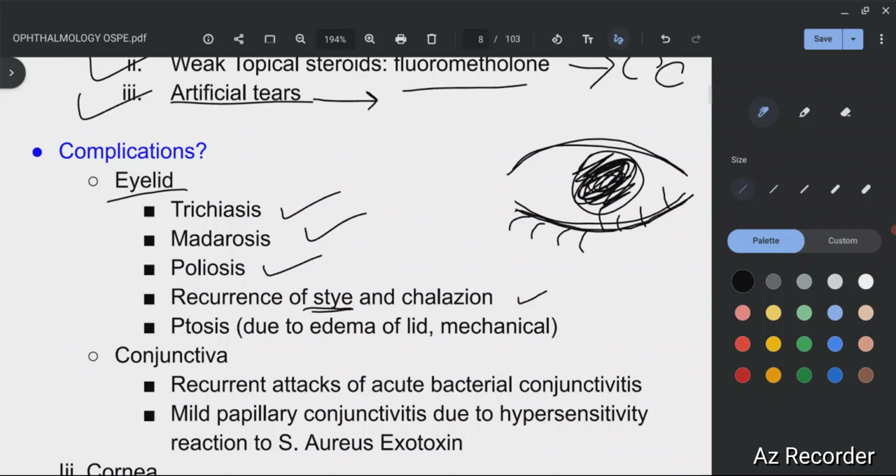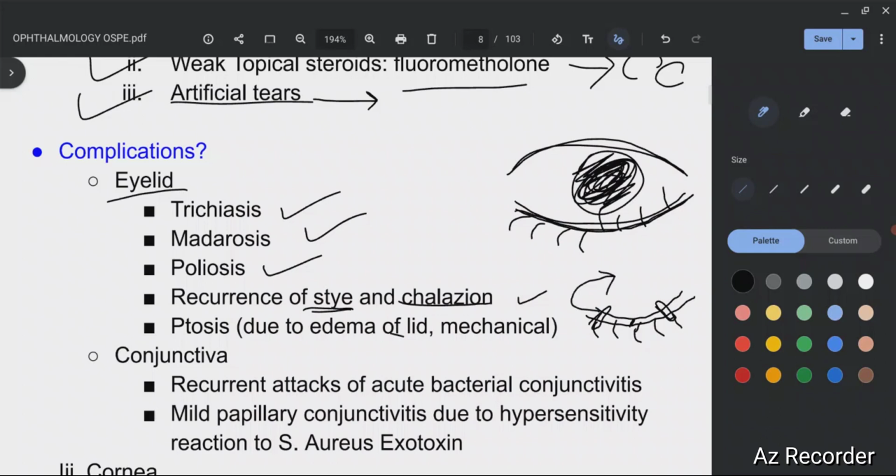And why chalazion? You know that you have your eyelid margin, and on the eyelid margin you have your hair follicles, and in the hair follicles you have the openings of the glands of Zeis and Moll, and just behind the eyelid margin you have the ducts of the meibomian gland. When you have crust formation over the eyelid margin, you are actually blocking the ducts of the meibomian gland as well.